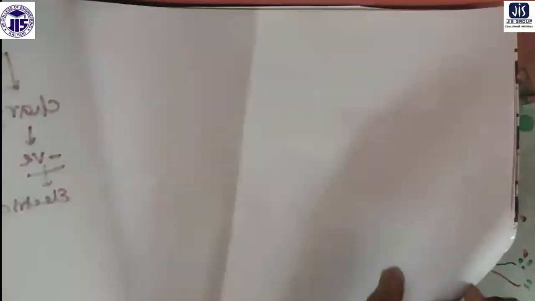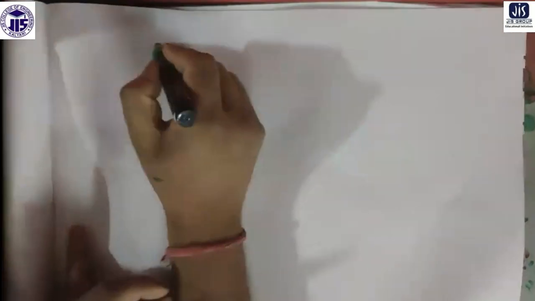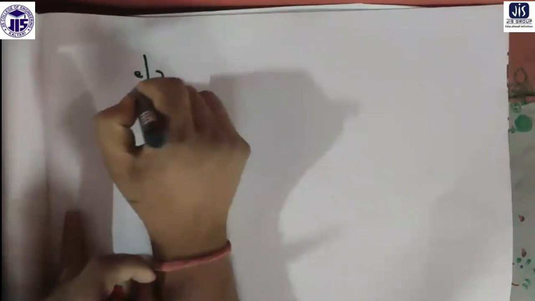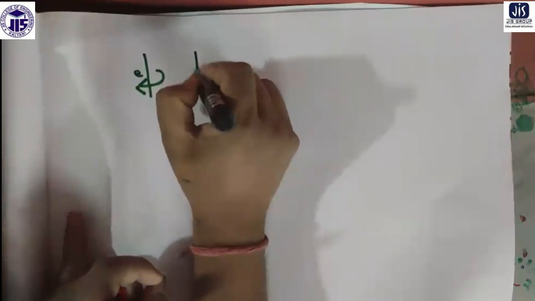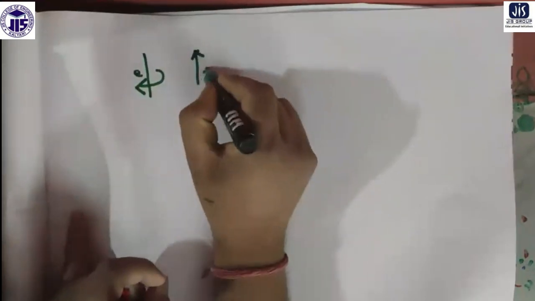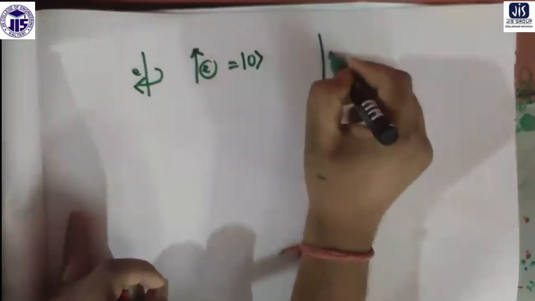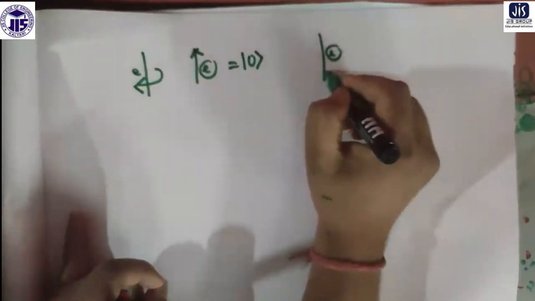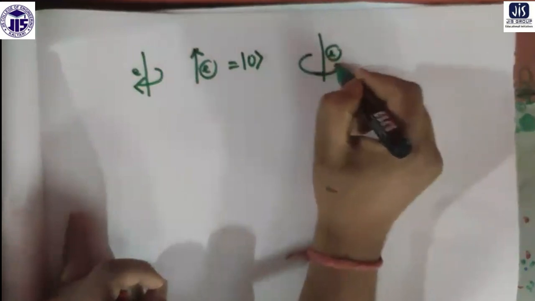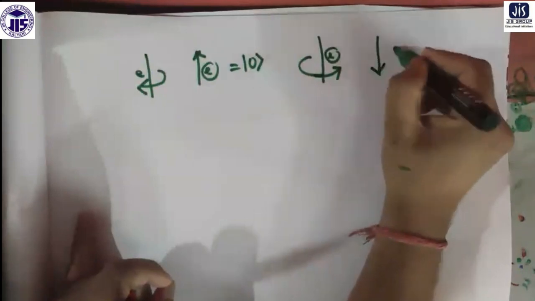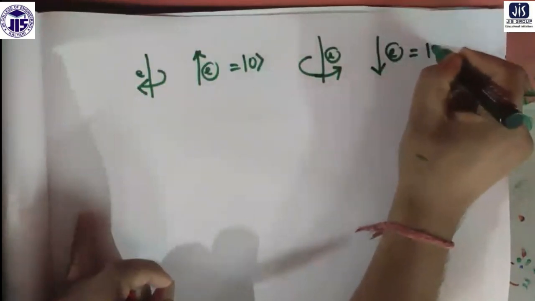Now what I am trying to do is, suppose an electron is moving this way, I am considering this as the up spin state of the electron, or zero state, and the electron moving in the opposite direction, I am considering this as the down spin state of the electron, the other magnetic state.